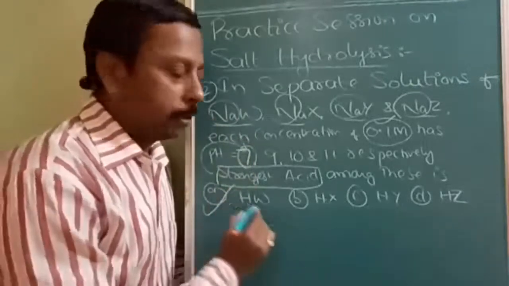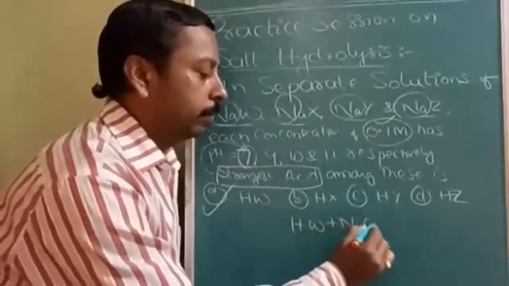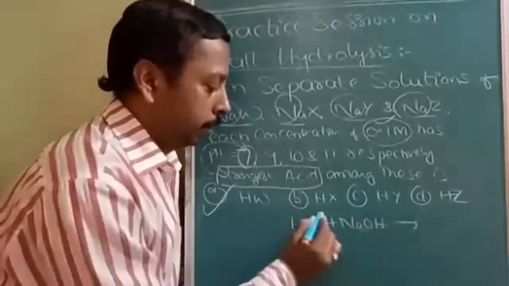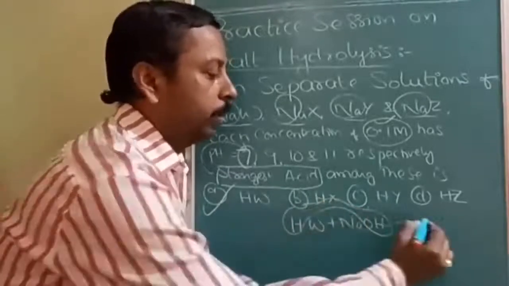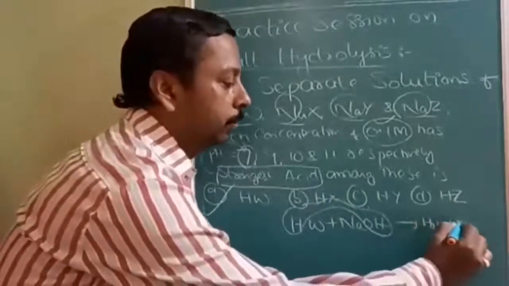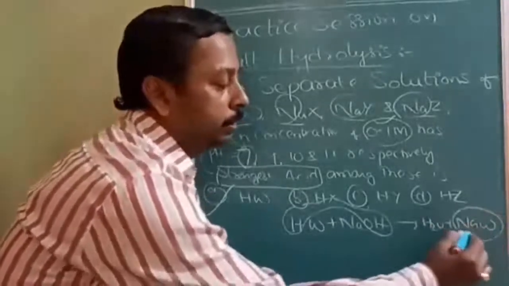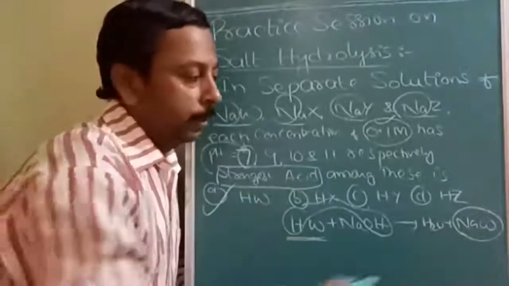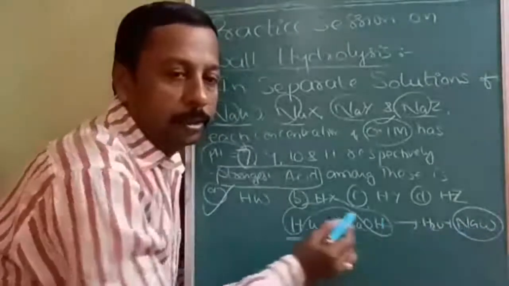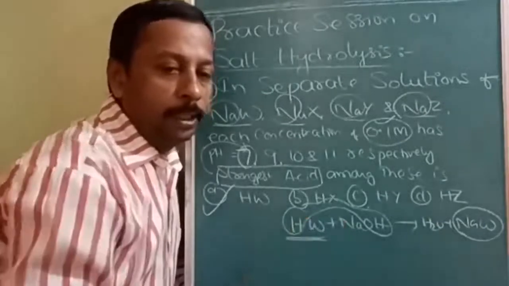Actually, when HW is treated with NaOH, this hydrogen and this OH will be removed as water, and then you will get NaW. So the salt pH depends upon where it originated from. This NaW is originated from the acid HW and the base NaOH.